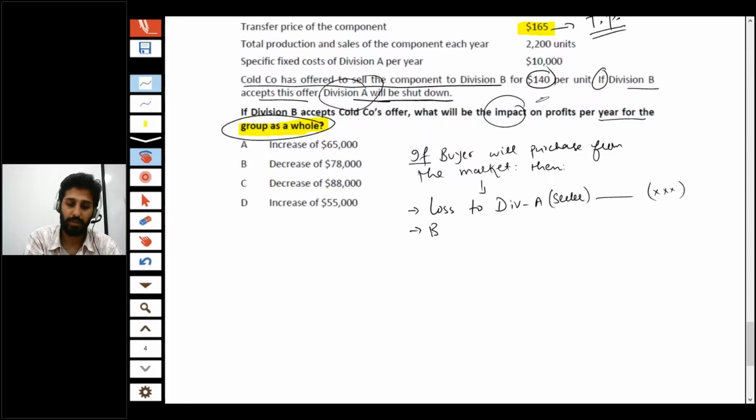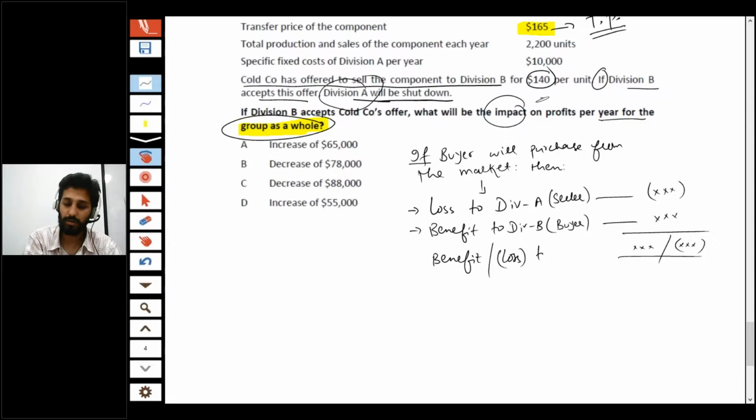There will be benefit to division B, that is the buyer. And there is the benefit or loss to the group. So you need to follow this analysis. It's a what-if analysis.